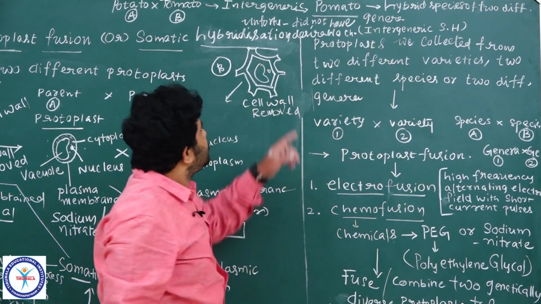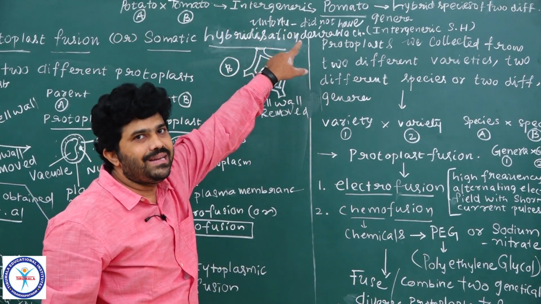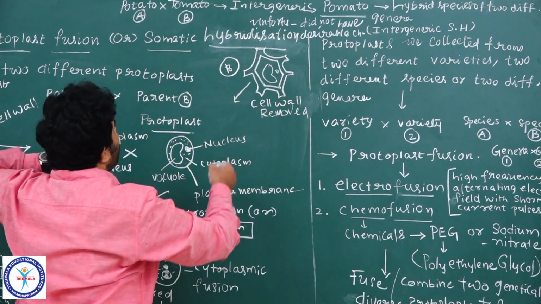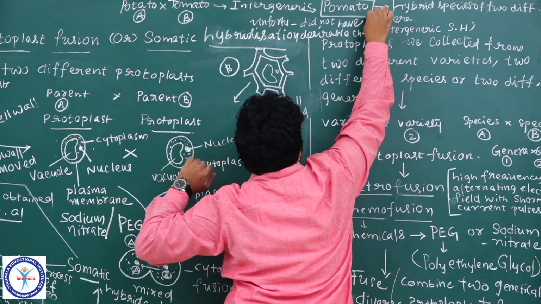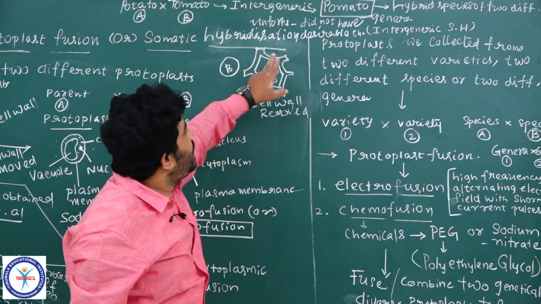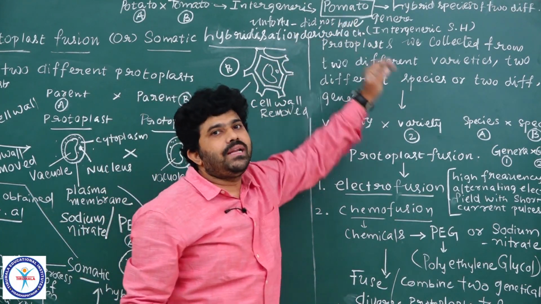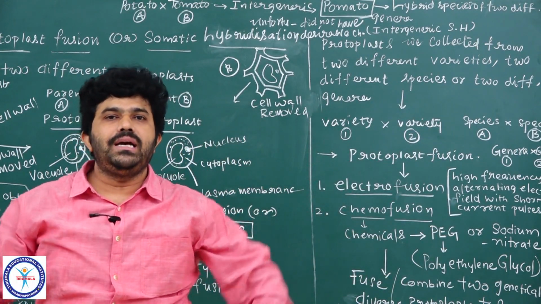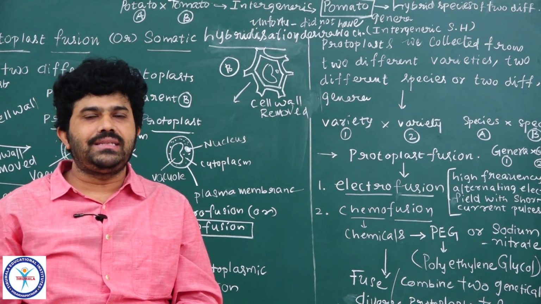Scientists have been successful in producing plants like pomato, but it does not express desirable traits or characters. In that only they failed.